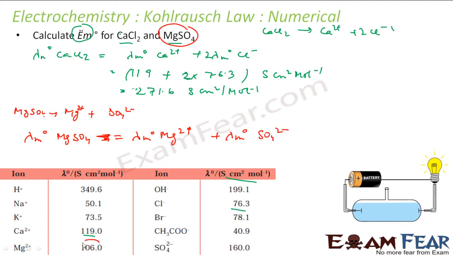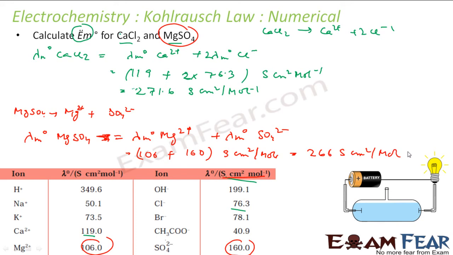The value of Mg2+ is 106, SO4 2- is 160, and the unit is the same, Siemens centimeter square per mole. If you solve this, you get 266 Siemens centimeter square per mole.